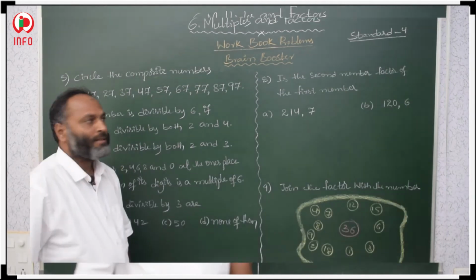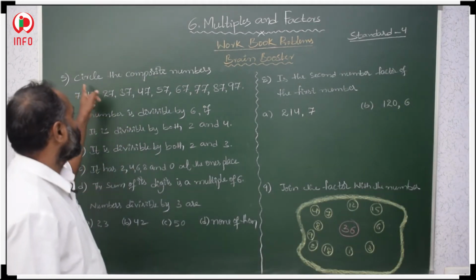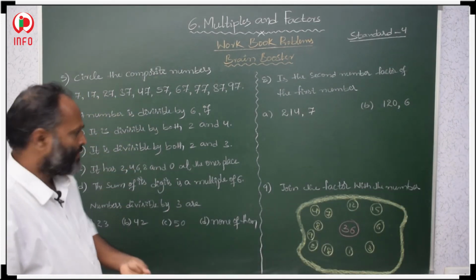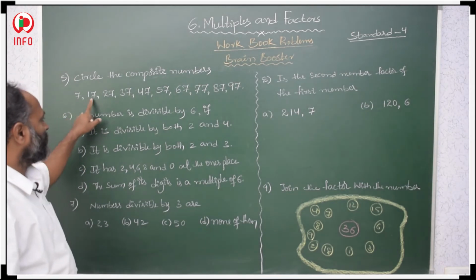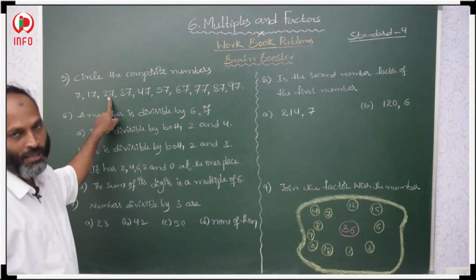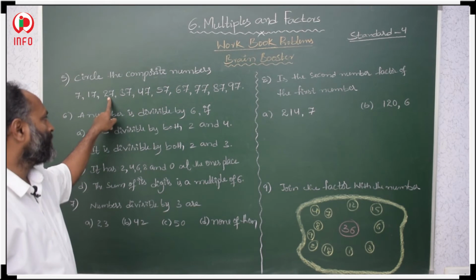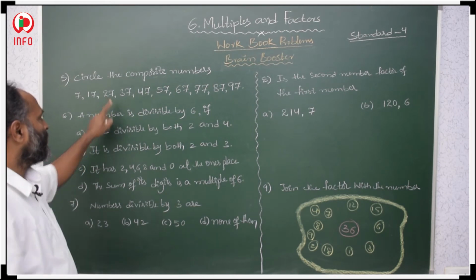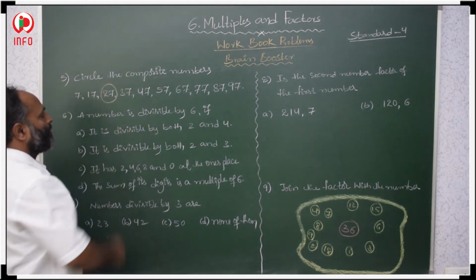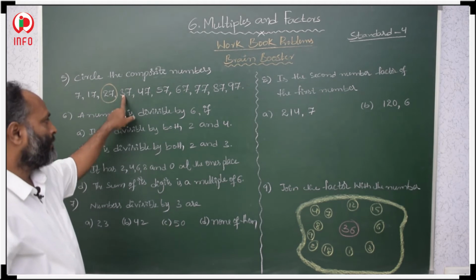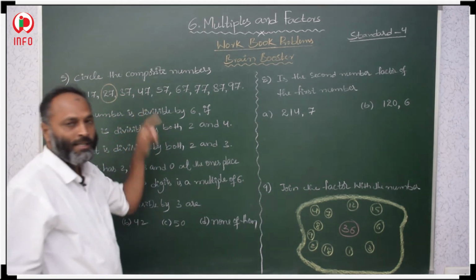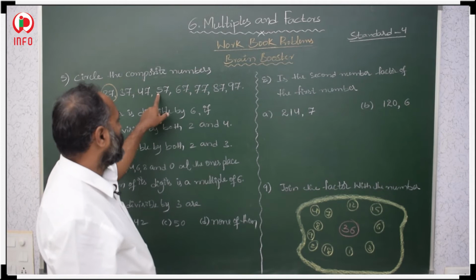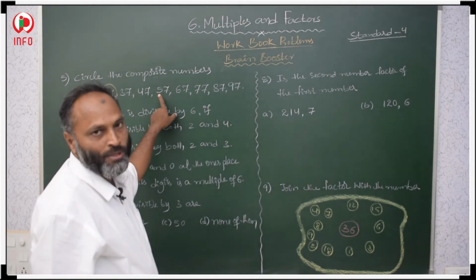Okay. Here, circle the composite numbers. 7 is a prime number, 17 is a prime number, 27 is not a prime number. Why? Because 3 nines are 27, so it is a composite number. 37 is a prime number, 47 is a prime number, and 57 is a composite number.